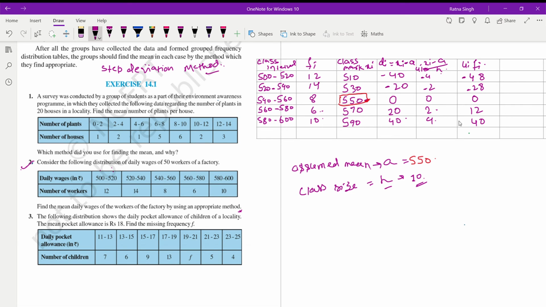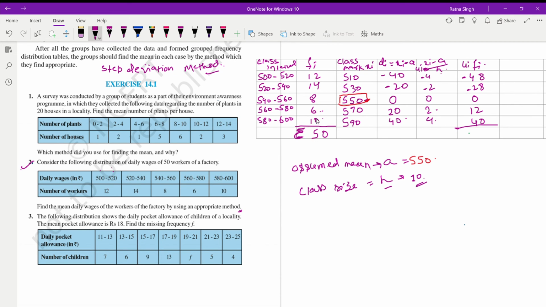So now we'll take the sum of this. First we add this fi, sigma fi. Sigma is the sign of addition, I'm writing it here, and when we add it, it is 50.